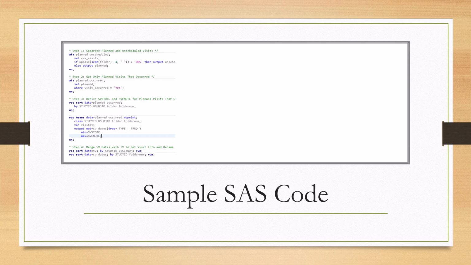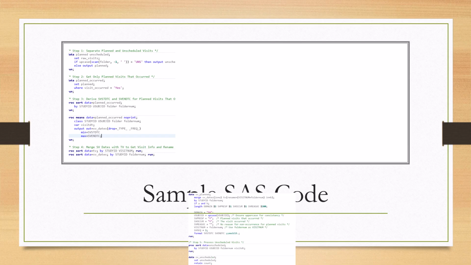So to avoid any issue while sorting the data set based on these dates, and to avoid null values impacting the calculation of minimum and maximum dates, we are separating the planned visits which did not happen and which did happen.